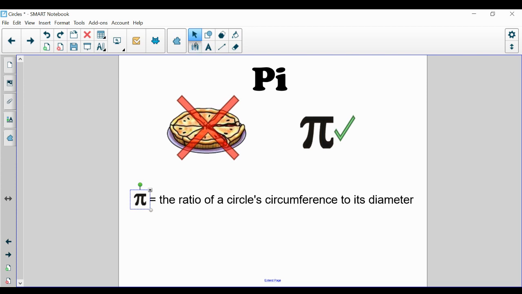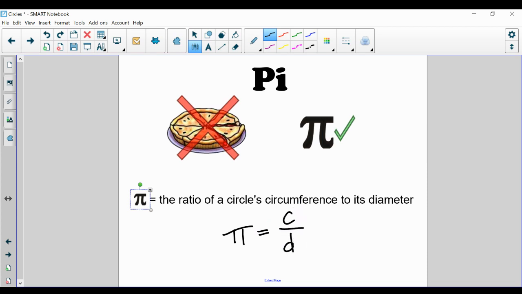What I mean by that is when we calculate pi, pi is going to be the circumference of a circle divided by its diameter, or also known as a ratio. So, if you measure any circle and you measure the outside of the circle, their circumference, divide that by the same circle's diameter, you will get very close to, if not exactly, the value of pi.